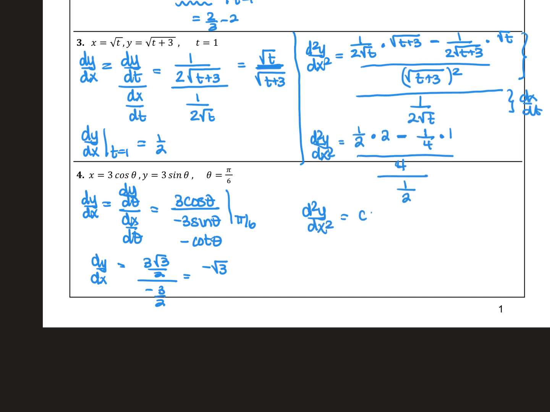So it's going to be positive cosecant squared theta all over negative 3 sine theta, which would be 1/3 cosecant cubed theta. And then we're plugging in at pi over 6, and at pi over 6, sine is 1/2. So you're going to have negative 1/3 times 1/8, or negative 8/3.